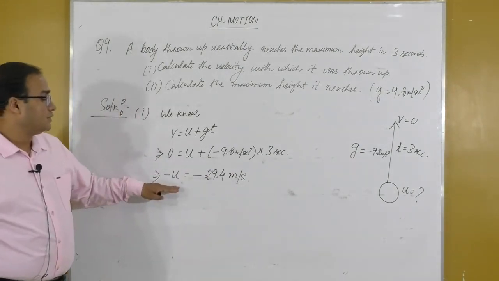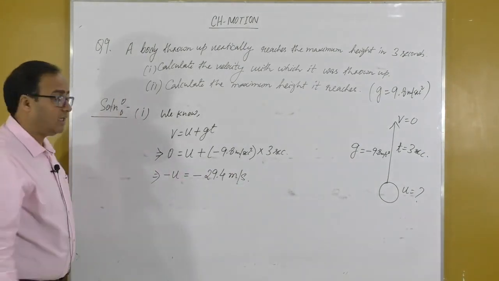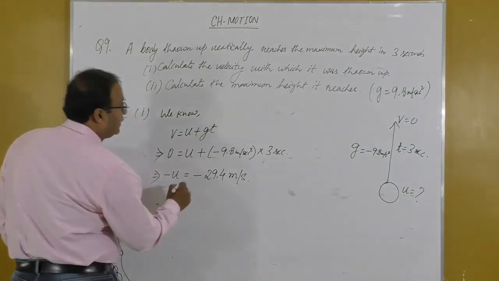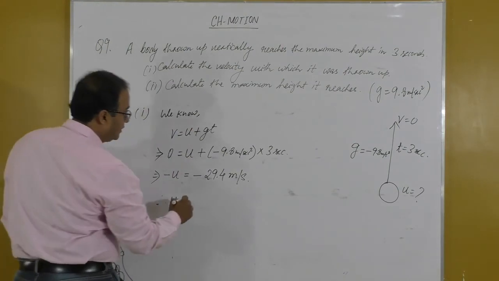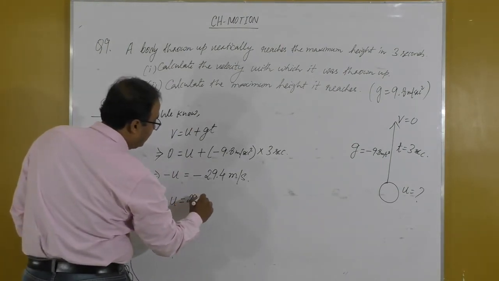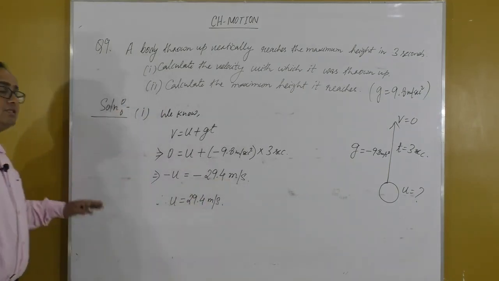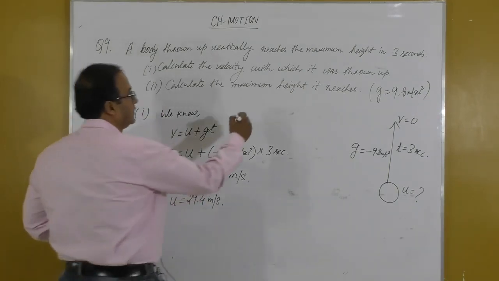So minus u is equal to minus 29.4 meter per second. Therefore, the initial velocity, or the velocity with which it was thrown, is 29.4 meter per second. So this is the solution of the first part.